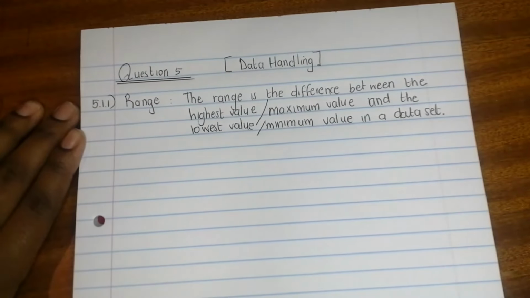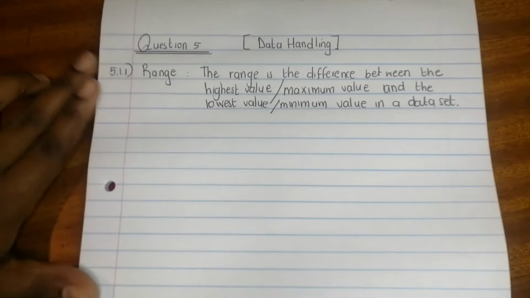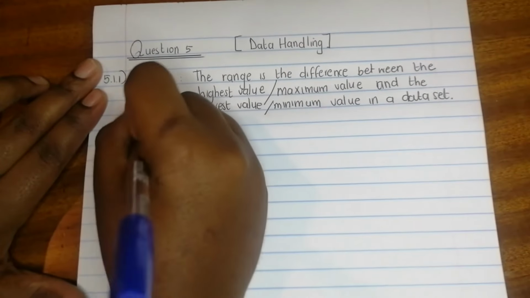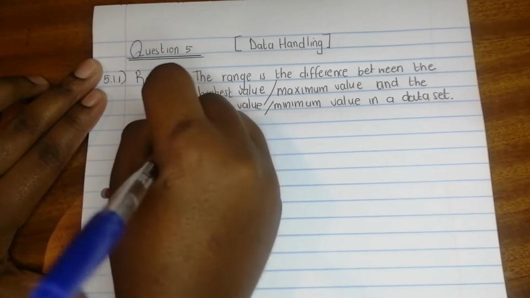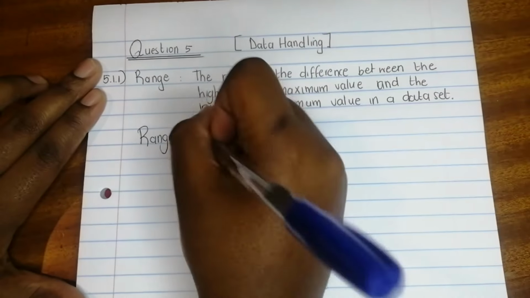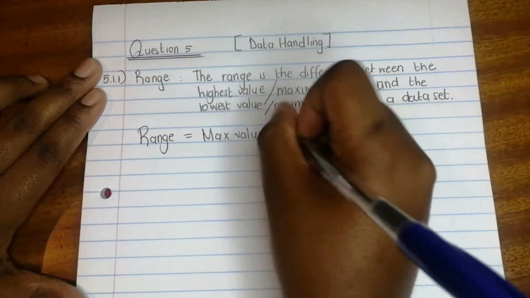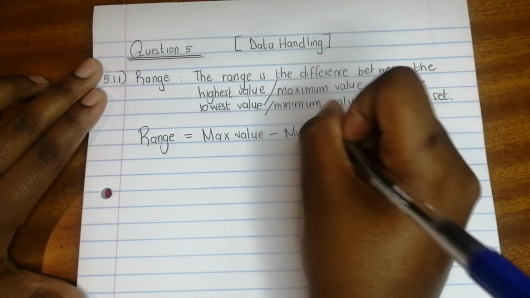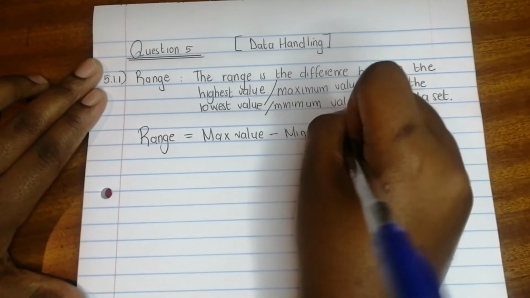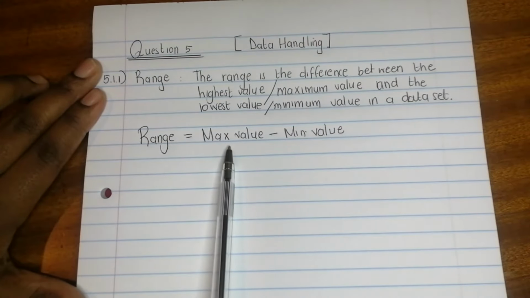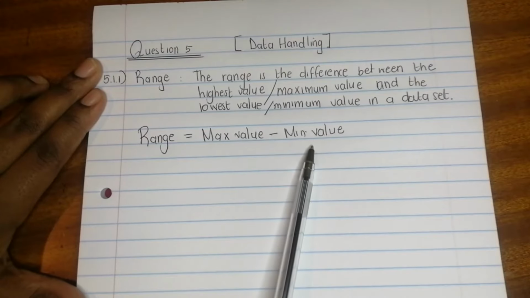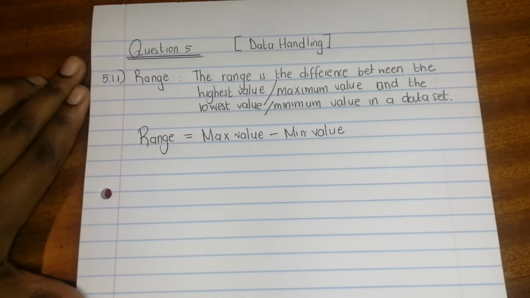So just to simplify what I've just written, you can just say range is equal to the maximum value minus the minimum value. So the biggest value in your data set minus the smallest value in your data set. That is what range means.